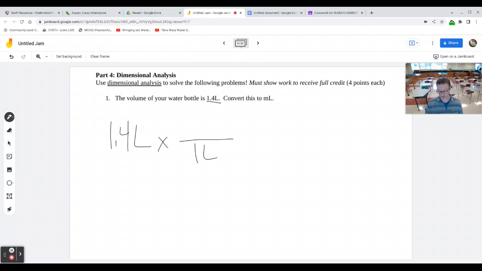A liter is a base unit, is equal to 1,000 milliliters, in this case. Because I started with the liters, I have to put liters on the bottom, the 1,000 goes on the top, which means 1.4 times 1,000 is 1,400 milliliters, because the liters unit cancels out.